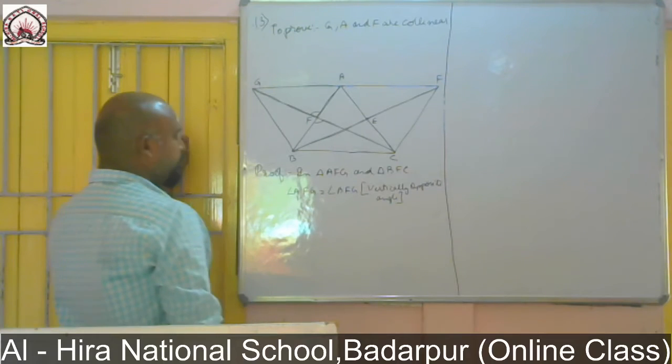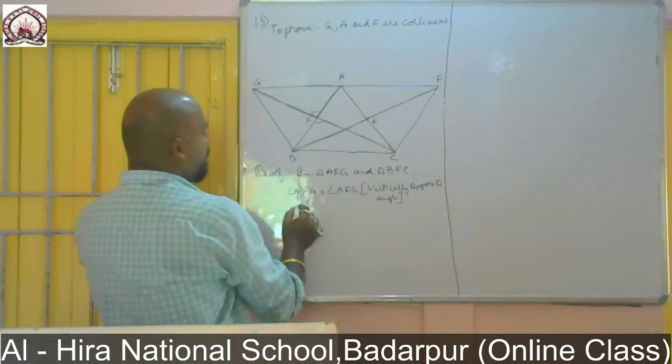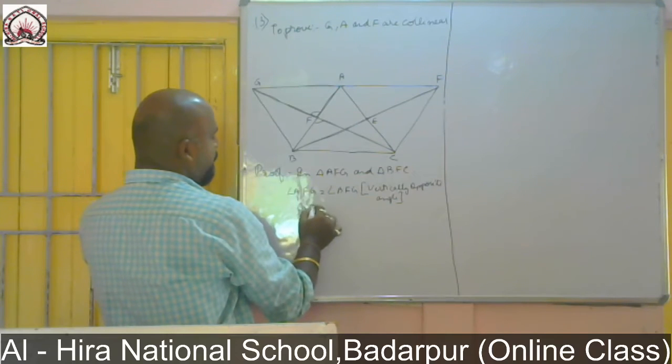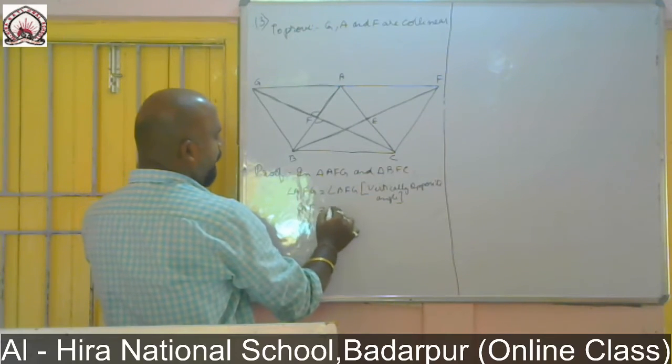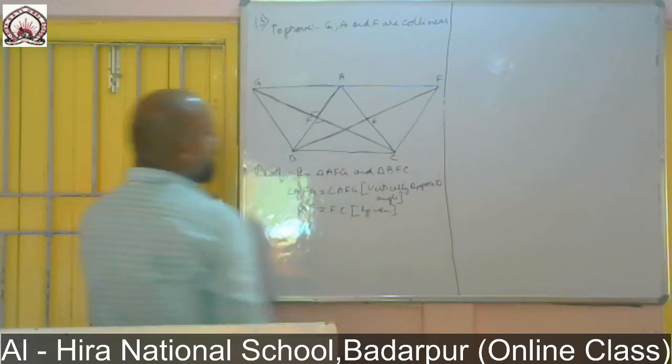Now this length GF is equal to FC. This is given in the question itself.